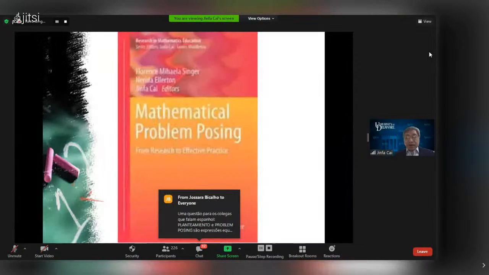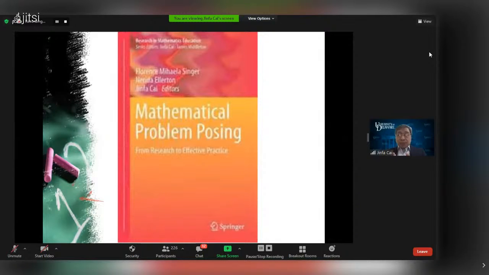And one thing I want to point out is this: in 2015, a few of us published a book on mathematical problem posing. This book is based on the discussion group at the PME International and a research forum at another PME International.